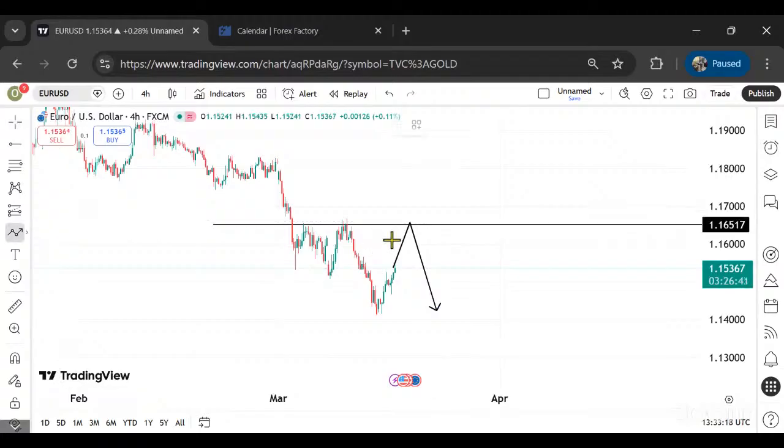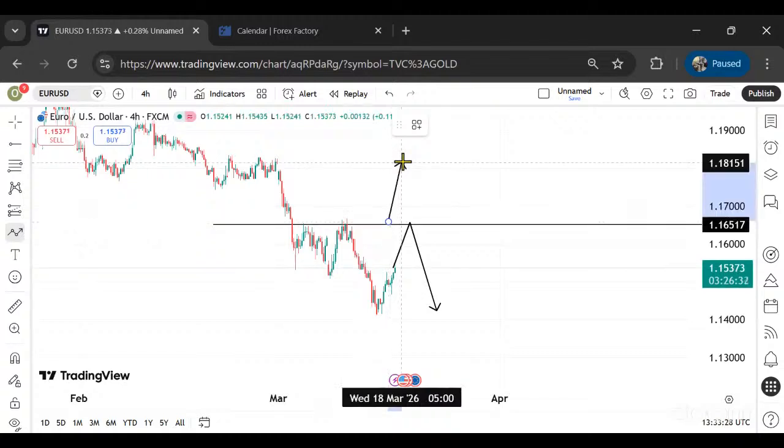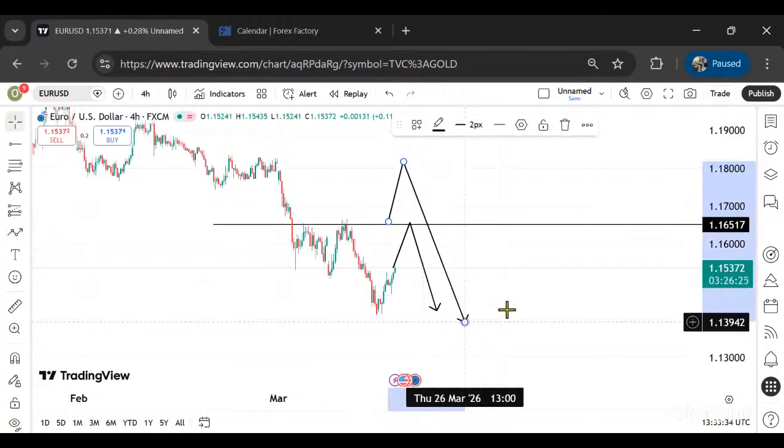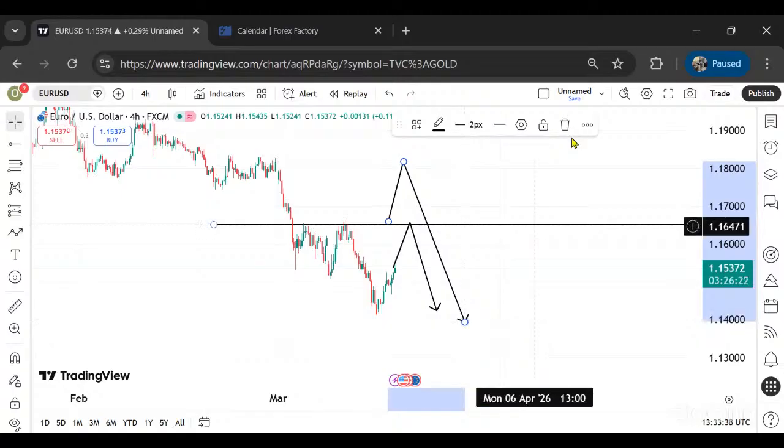Or if this resistance zone breaks, I will expect the market to come to this area here and continue selling. So that is my analysis on Euro USD now.